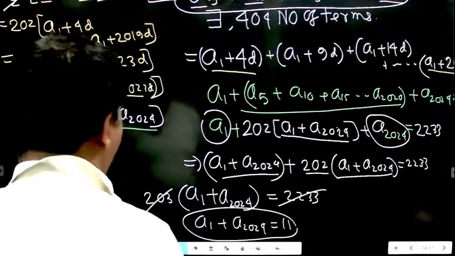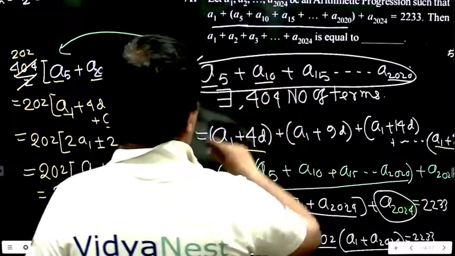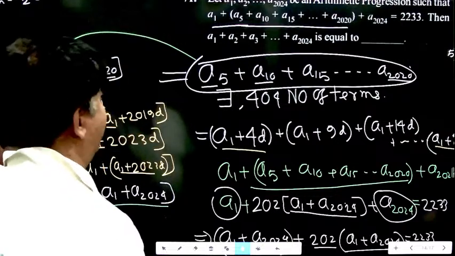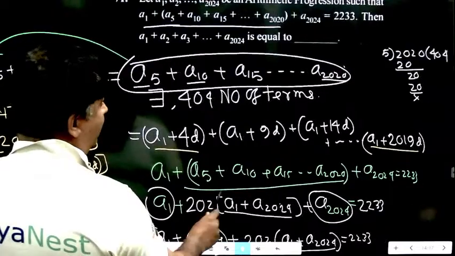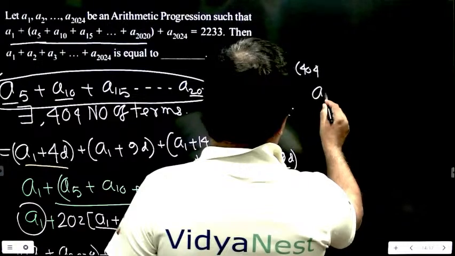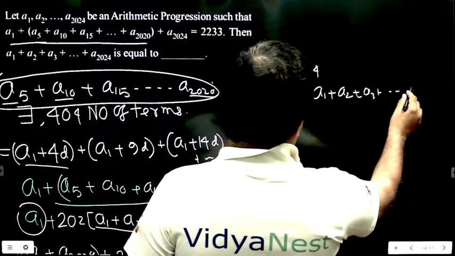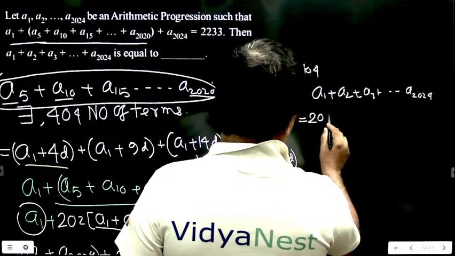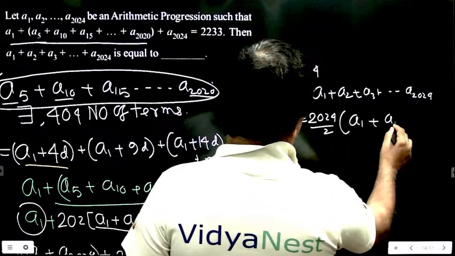Now let's see what we are told to find. A1 plus A2024. How many terms are there? All consecutive terms. Now you are told to find A1 plus A2 plus A3 up to A2024. 2024 by 2, first term plus last term.